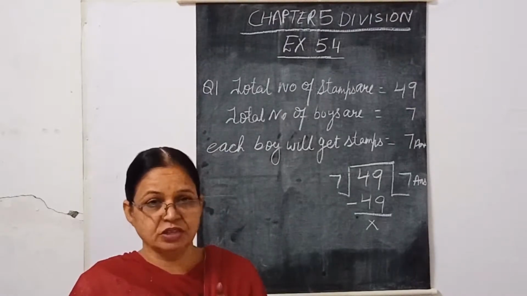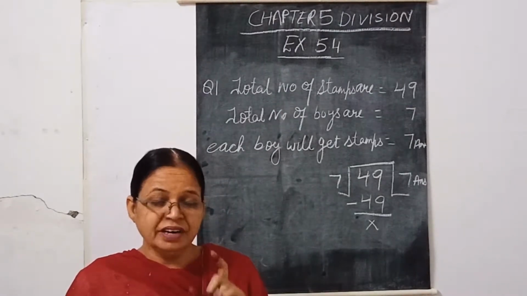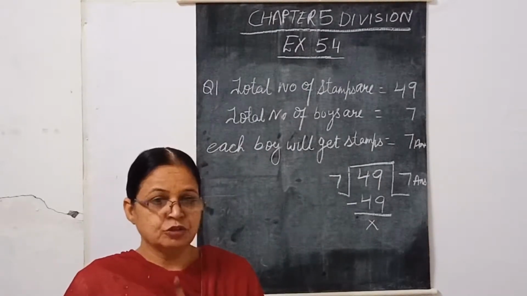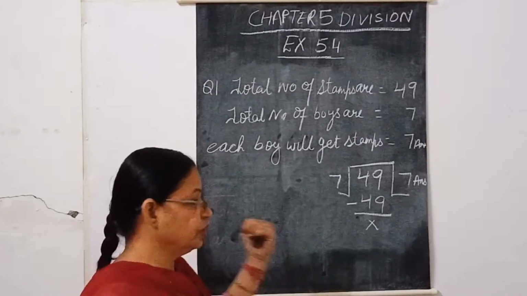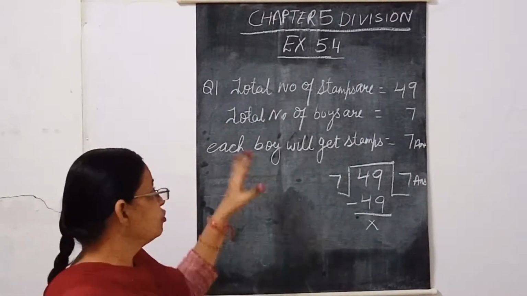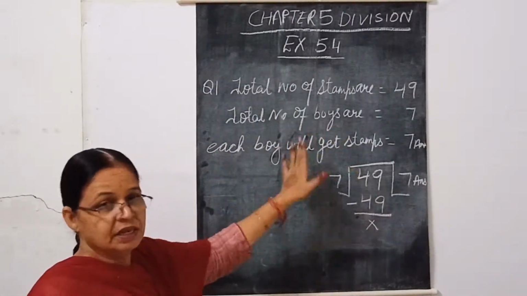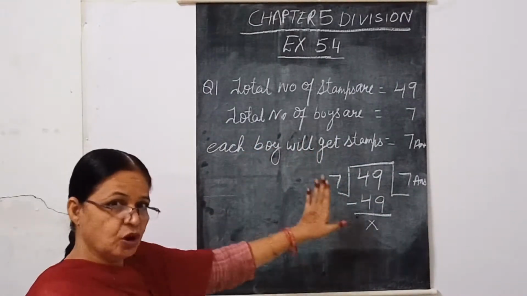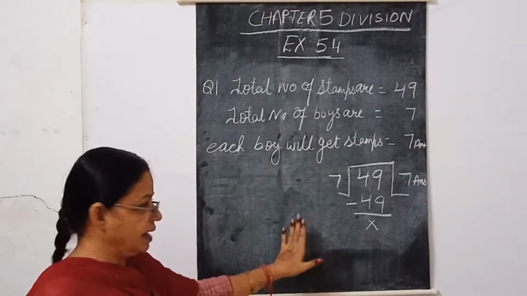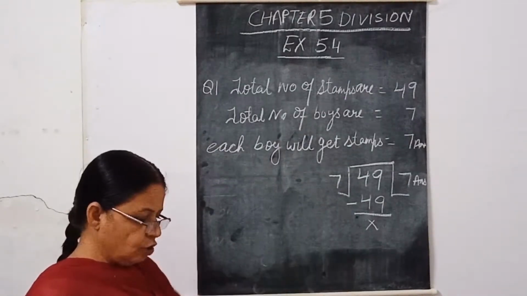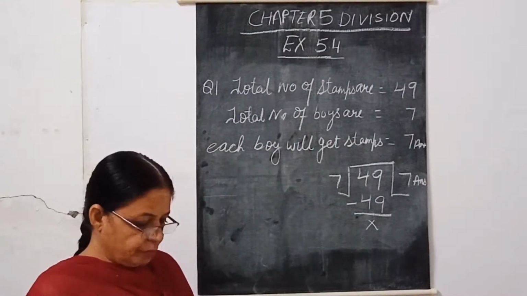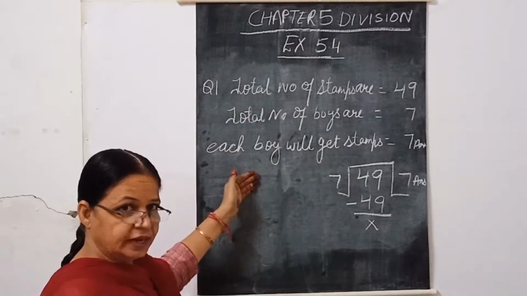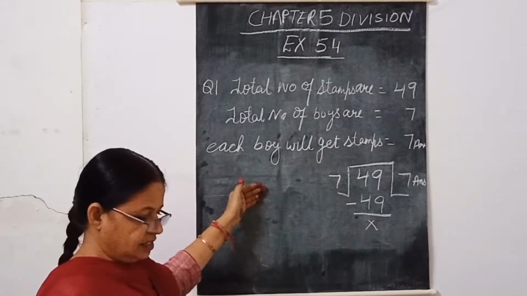Here also we have to find out the quantity in each box, that is, how many marbles are there in one box. What you have to do is the same as question number 1. First write total number of marbles, then total number of boxes, then marbles in each box, that is 66 divided by 6, and you will find the answer. This is how you have to do that question. If you understand this question, then question number 2 is very easy for you to understand.